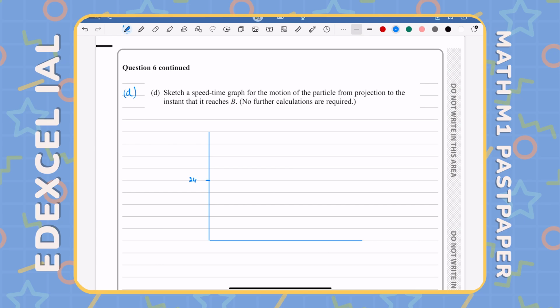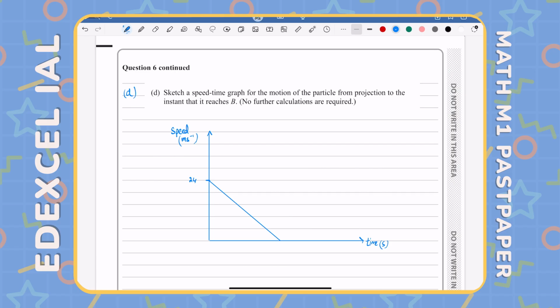As soon as the ball is projected, it starts to decelerate. So the speed will start to decrease, and it will continue to decrease until it reaches its maximum height where the speed is 0. Make sure to label your graph. This is speed in meters per second, and this is time in seconds.